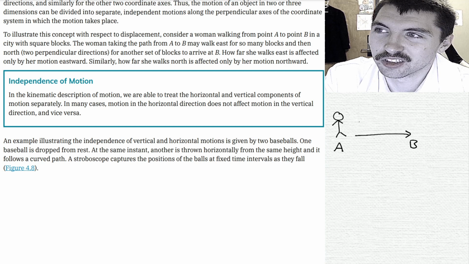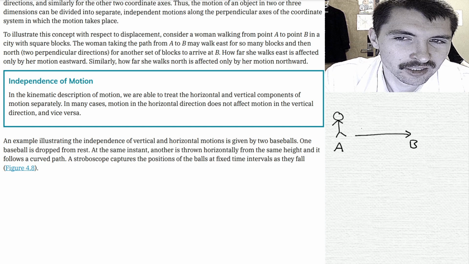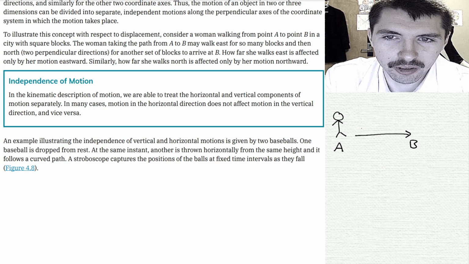I don't know how to draw this from what I've started with. The woman taking the path from A to B may walk east for so many blocks and then north.